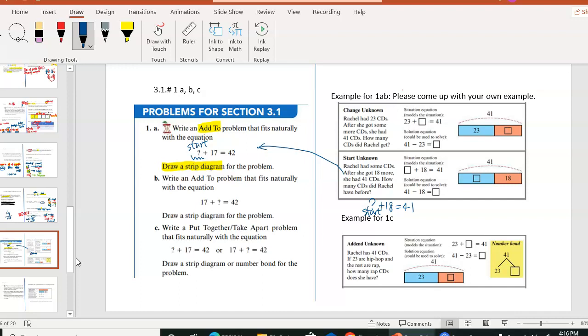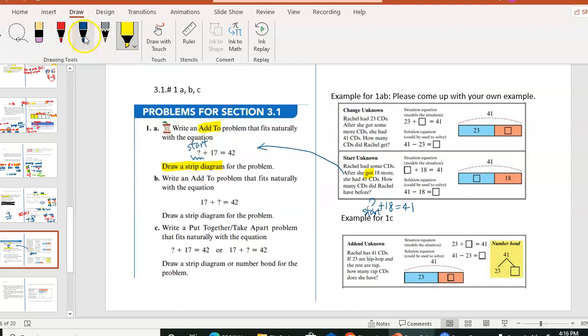Rachel had some CDs. Now, after she got, this word got is very important. Whenever you get something, you buy something, you cook more cookies, or somebody gave you something, there is a change.